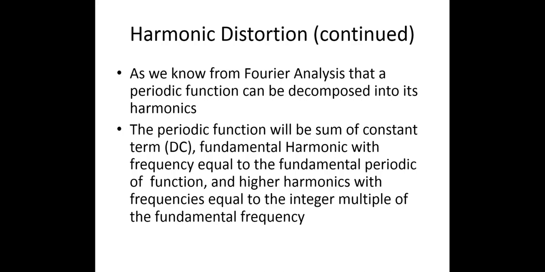So you know from your Fourier analysis that a periodic signal can be decomposed into a constant term, which will be DC in the context of currents and voltages. Then you have the fundamental frequency components cos omega naught t and sin omega naught t with coefficients of A1 and B1 respectively.